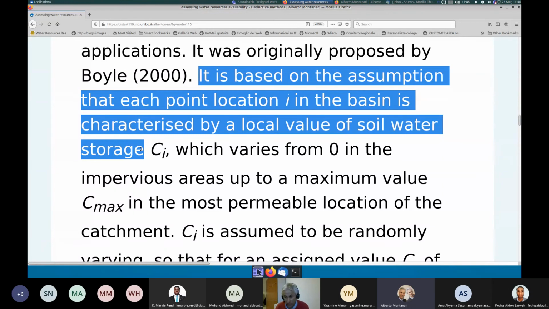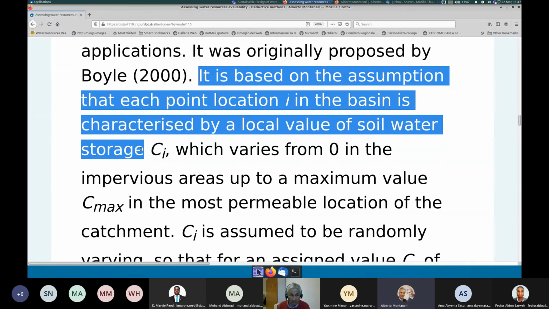So you don't see any runoff, okay? If it continues raining, then the soil reaches the maximum soil water storage, which means that the soil stored some rainfall, but then got to its storage limit. And then you start seeing some runoff, water flowing over the ground, okay? So the Imod model assumes that each location in the catchment has a different soil water storage, okay?